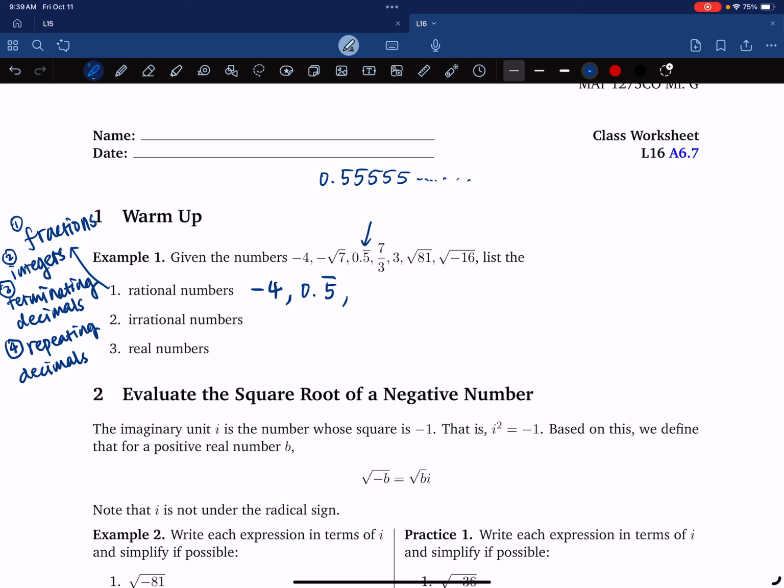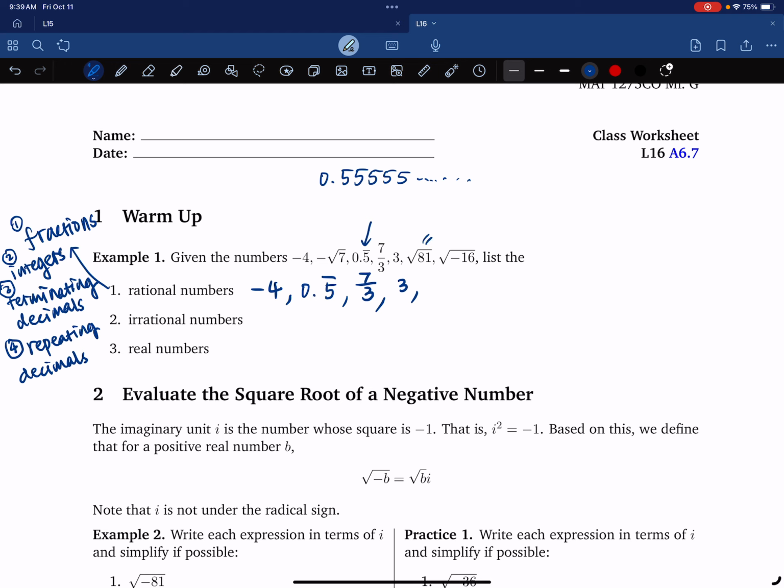Next number is 7/3. 7/3 is a fraction, so absolutely a rational number. Next one is 3. 3 is an integer. Yes, that's a rational number. Next is radical 81. Radical 81, is that a rational number? And you might think about negative radical 7 that we encountered earlier and say, no, it's not. But some radical numbers, like this one, radical 81, can be simplified.